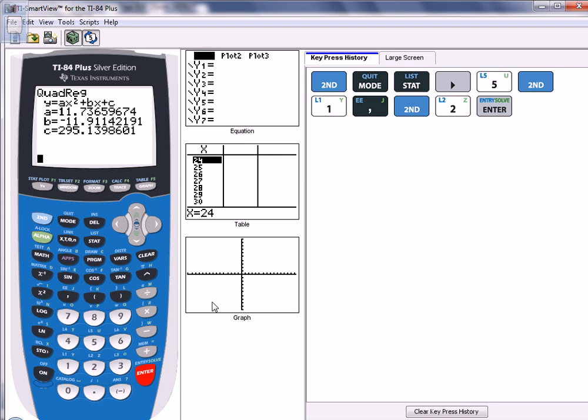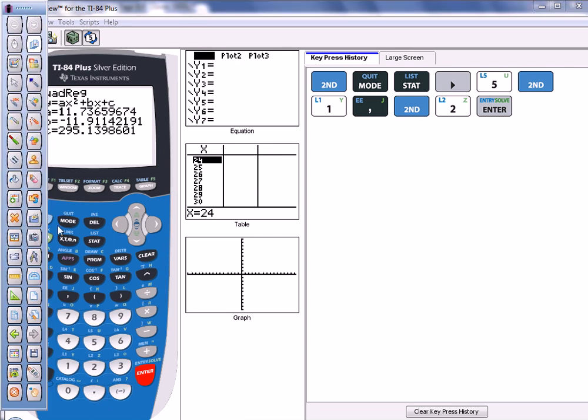Alright, so this one's not as pretty, is it? I'm going to add this one to our other.